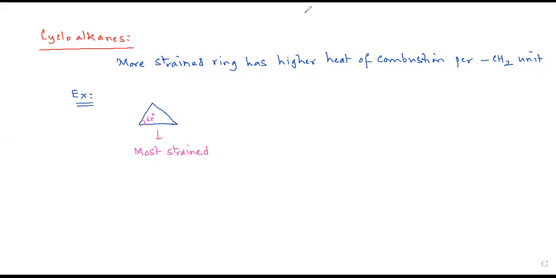Okay, then go for cyclobutane with a bond angle of 90 degrees. Then cyclopentane, and finally cyclohexane.